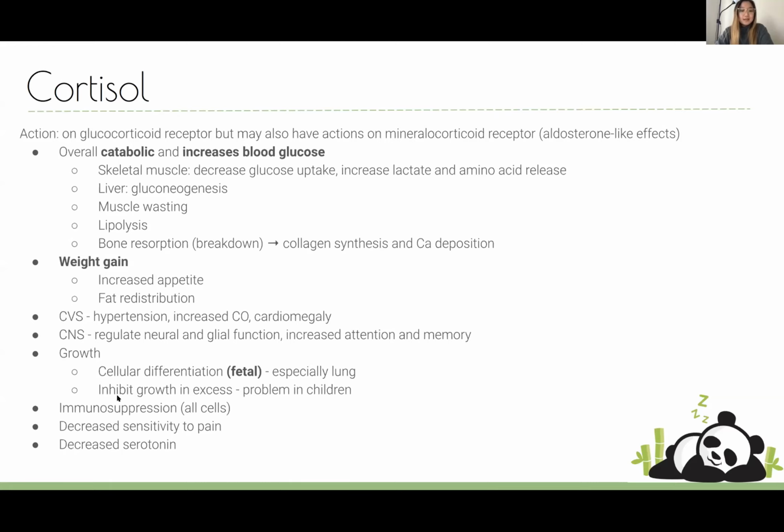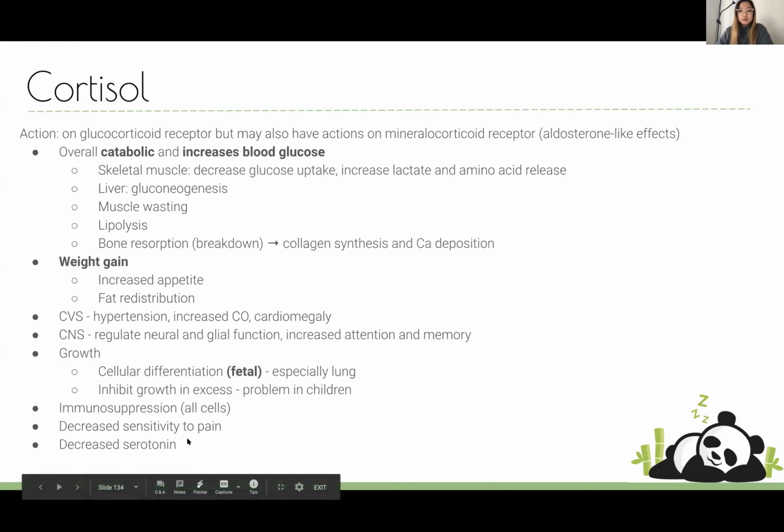But in excess, when you're not a fetus anymore and you have too much cortisol, it's going to inhibit growth. It also causes immunosuppression, decreased sensitivity to pain, and decreased serotonin. If you remember these, then you know what's wrong when you have more or less cortisol.